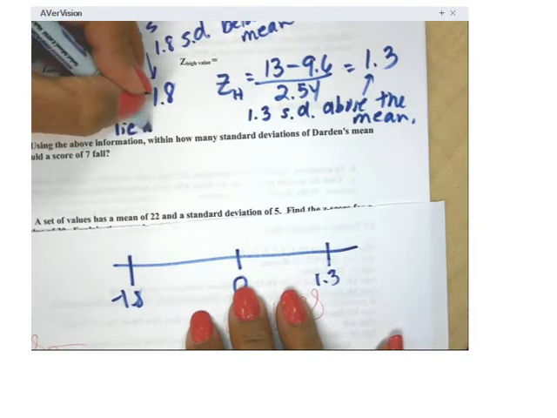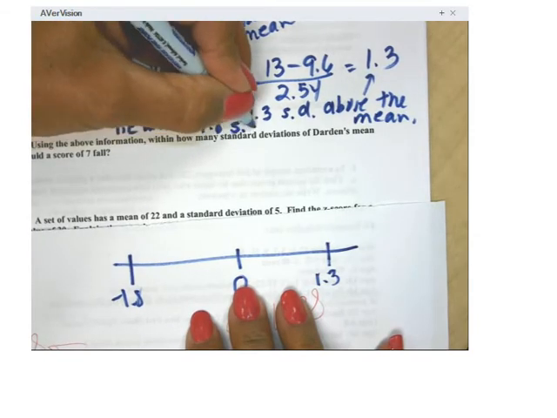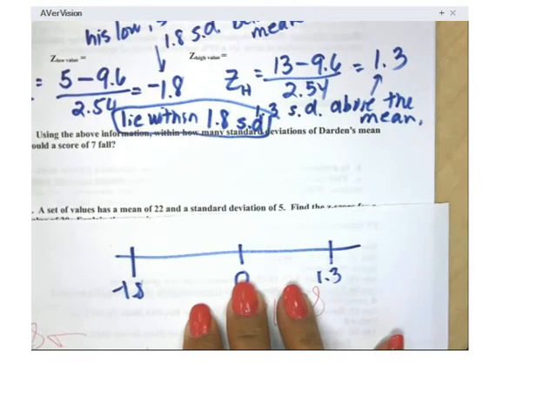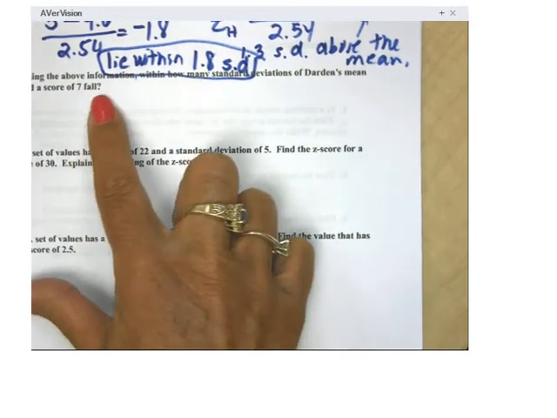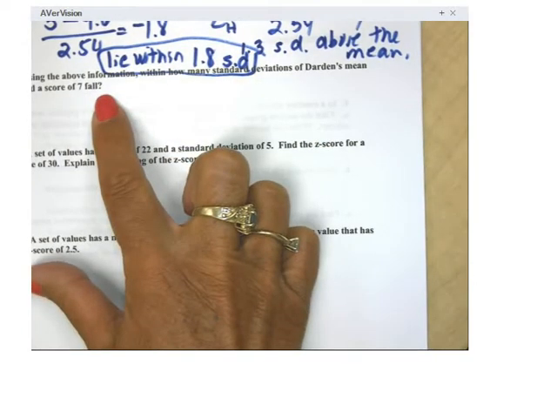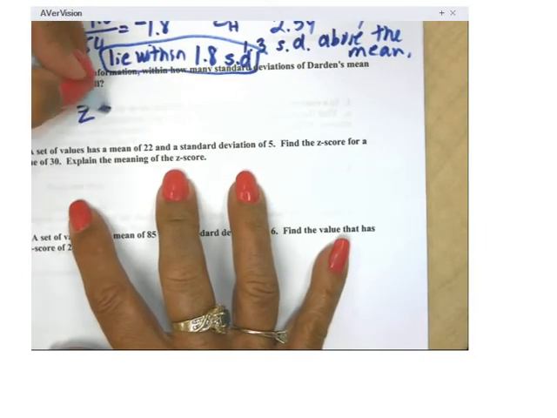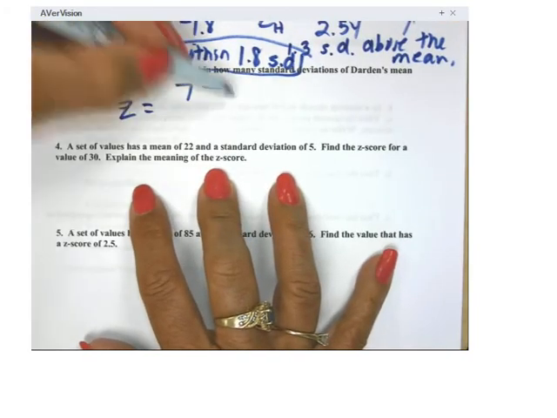And so all of his scores, and we could find all the other z-scores for his other games, like when he scored 12 points and 8 points, etc., they all lie within 1.8 standard deviations.